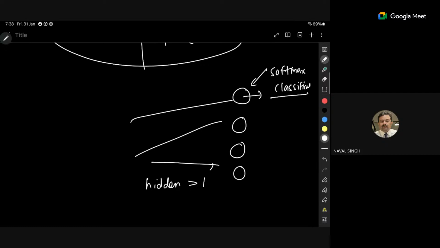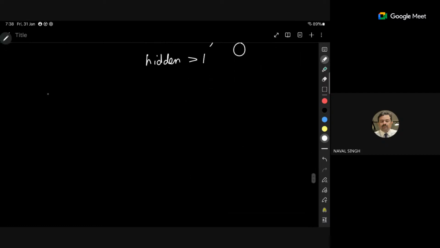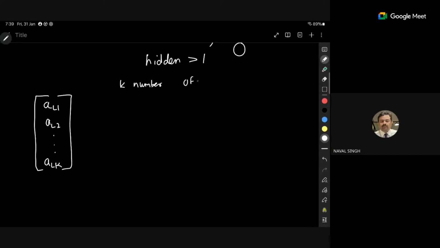Now, what happens in softmax is, let's say you get this vector. In the last layer you will get some values, like AL1, AL2, and let's say ALK, where you choose K classes, 3, 4, 5, K number of classes. What you do is first exponentiate it, e power AL1.